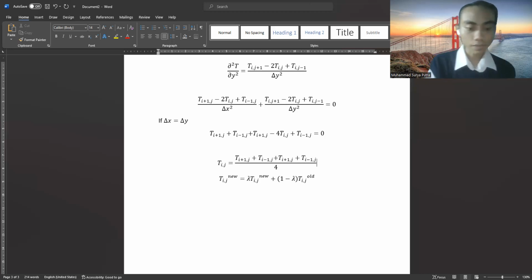This is already done, the method, and then we have to display the matrix distribution matrix.